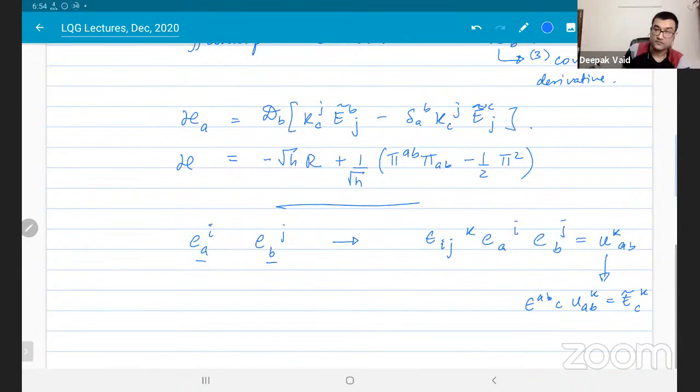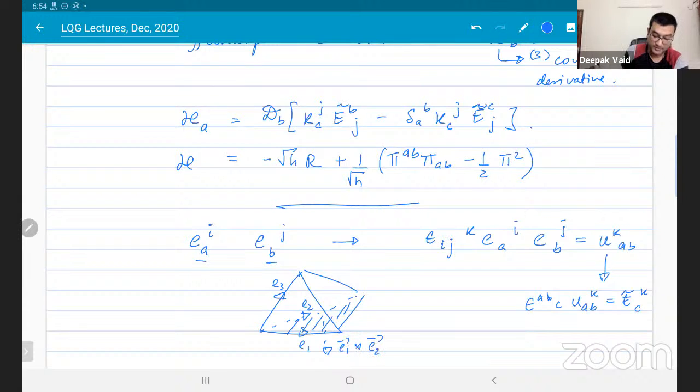Let me just, so imagine that you have a tetrahedron. And let me label these edges by E1, E2, and E3. Then E1 cross E2 will give me a vector which is, let's say, pointing like this.